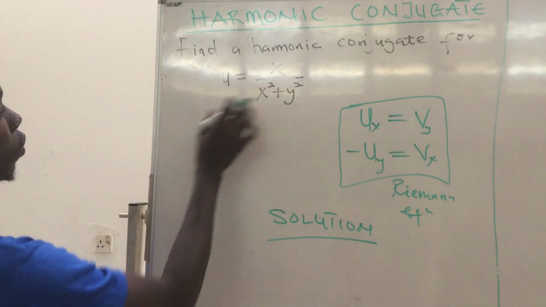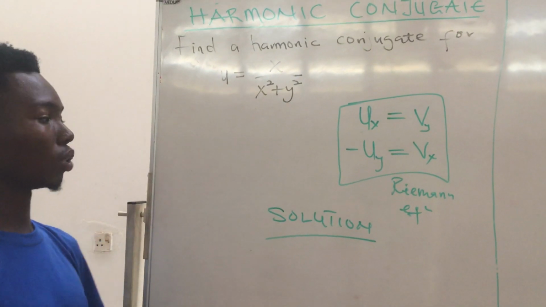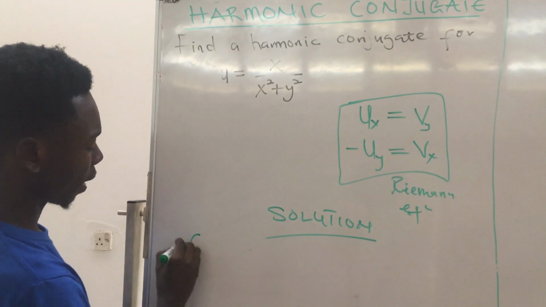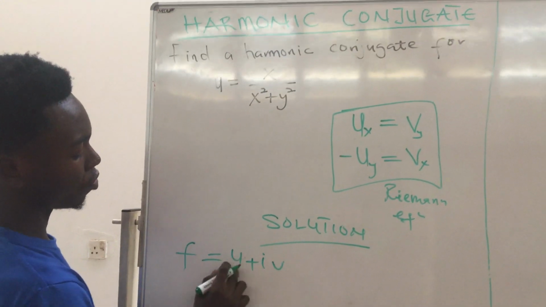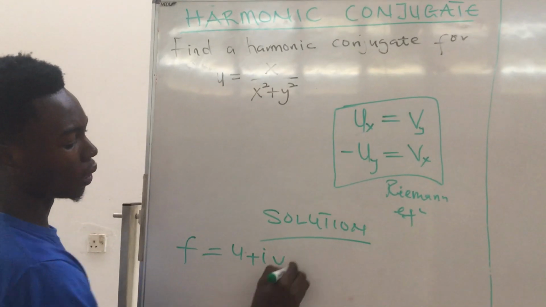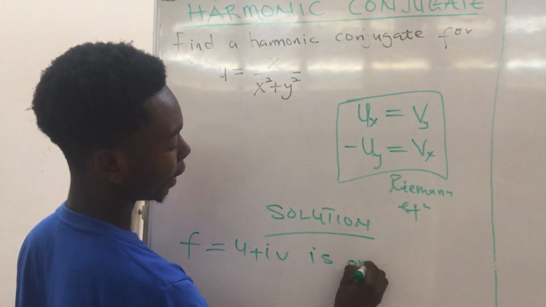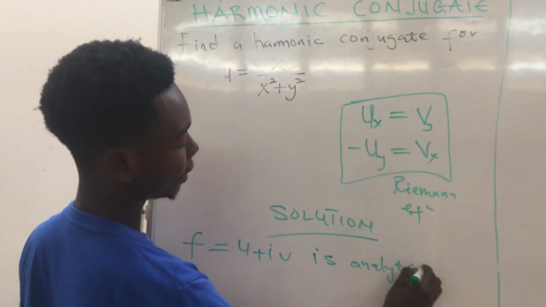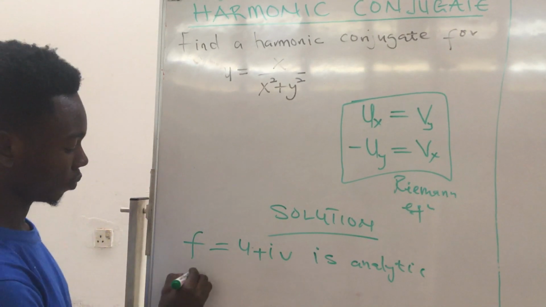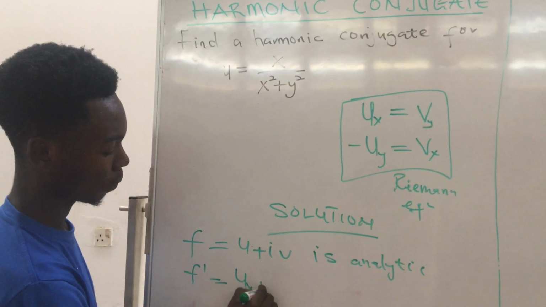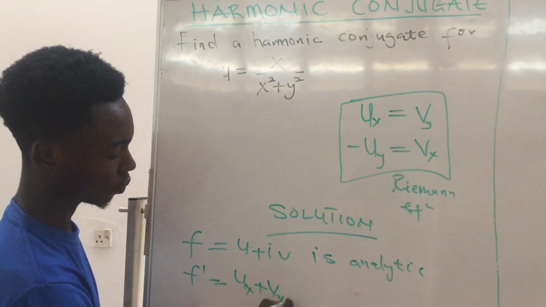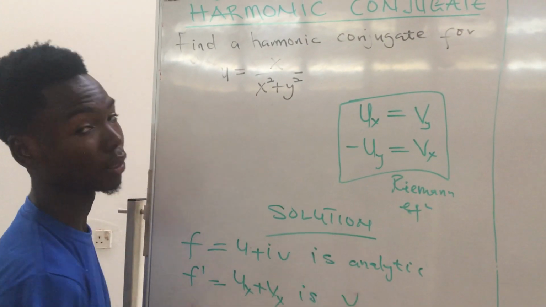So now we have this. We have to find the harmonic conjugate. Now we know that when f is equal to u plus i v, the real and then imaginary, when this function is analytic, then when you take the derivative, it has to be analytic too.